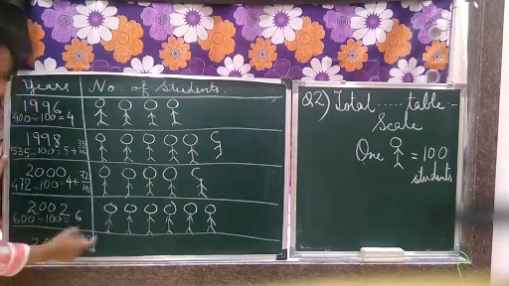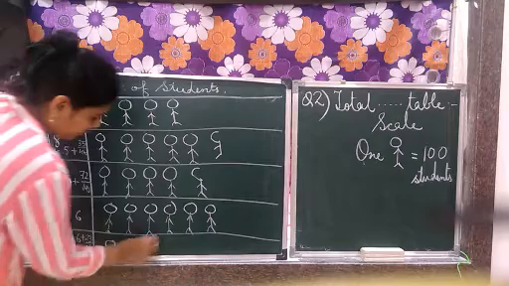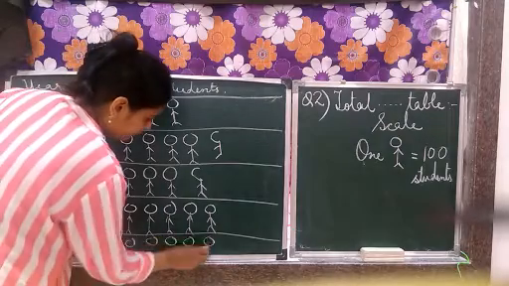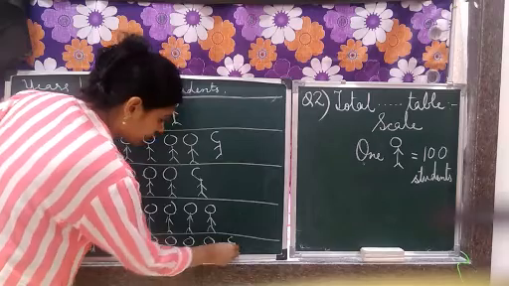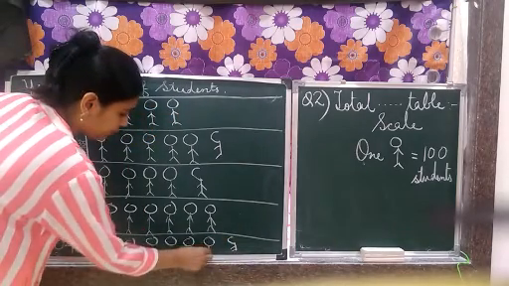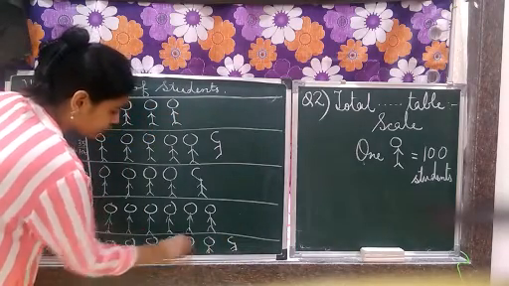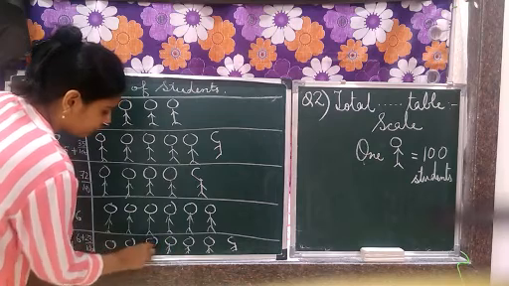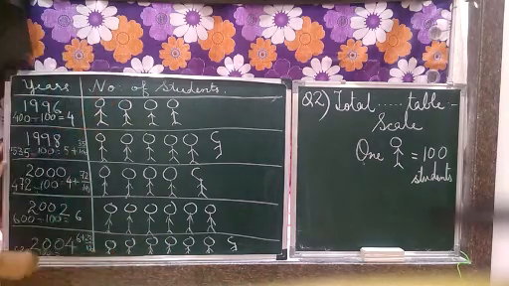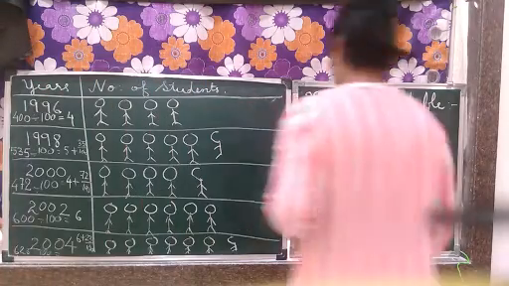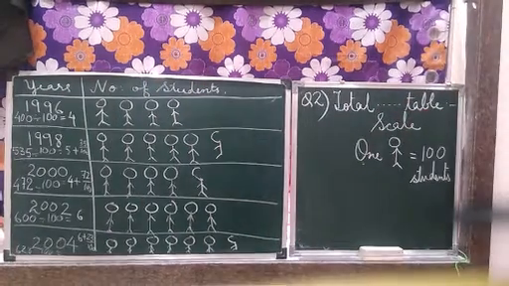And here 6 and 1 incomplete. Here, that is incomplete. Okay. Now, we have to answer certain questions.